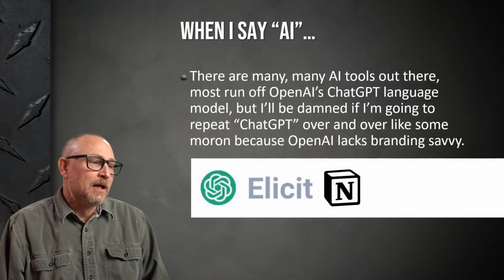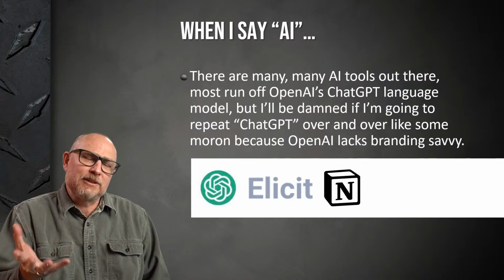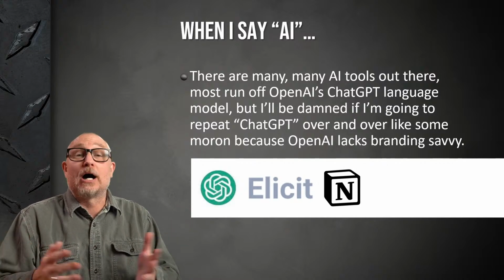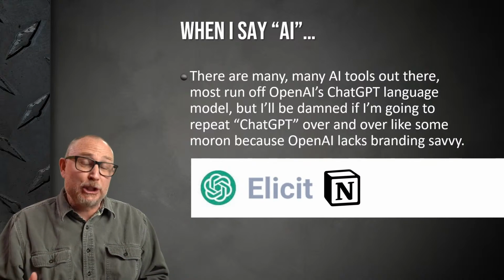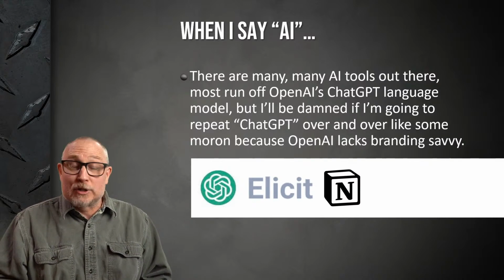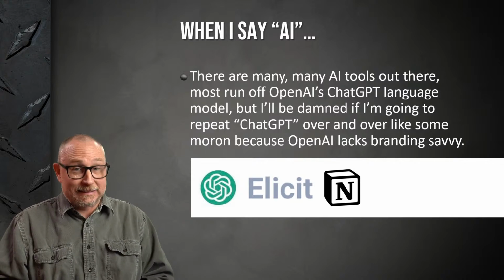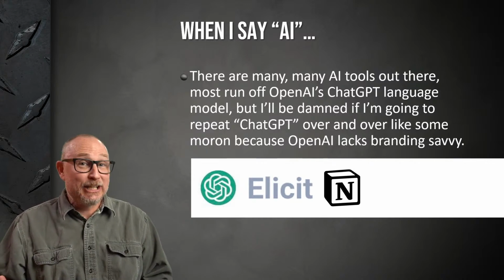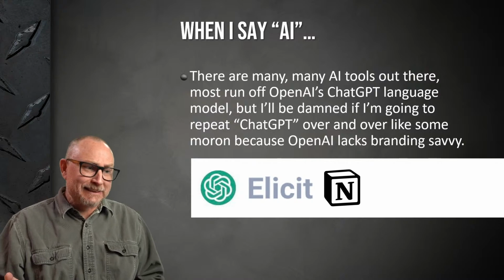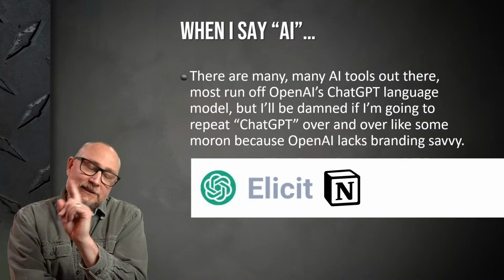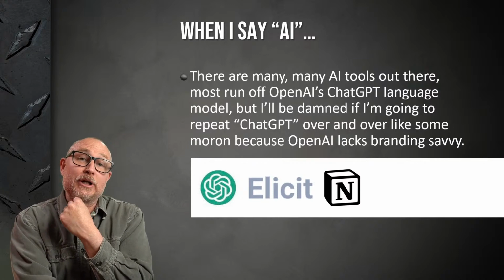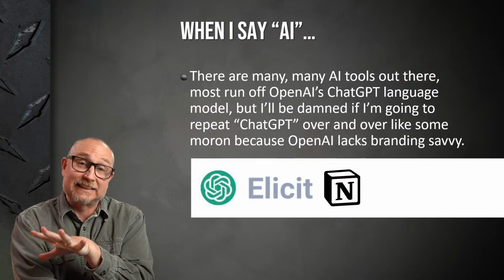Okay. Now, when I talk about AI, I'm talking about a variety of tools, primarily ChatGPT, but I'll be damned if I'm going to sit here like a moron and say ChatGPT 1,800 times in this presentation, right? I'm just going to say AI. In a couple of cases, especially in one, I'm going to talk about a tool called Elicit.